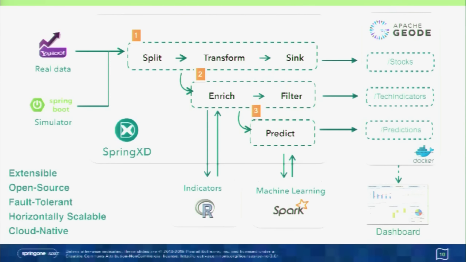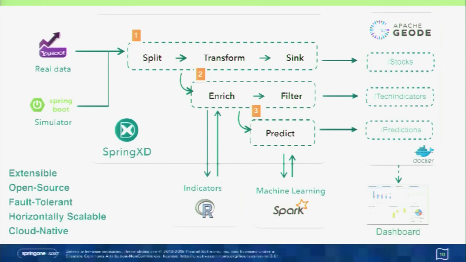So we have 3 special maps. One is storing the raw data with stocks. One is storing the raw data with the technical indicators put in for us. And that's actually what's being fed to our machine learning model.